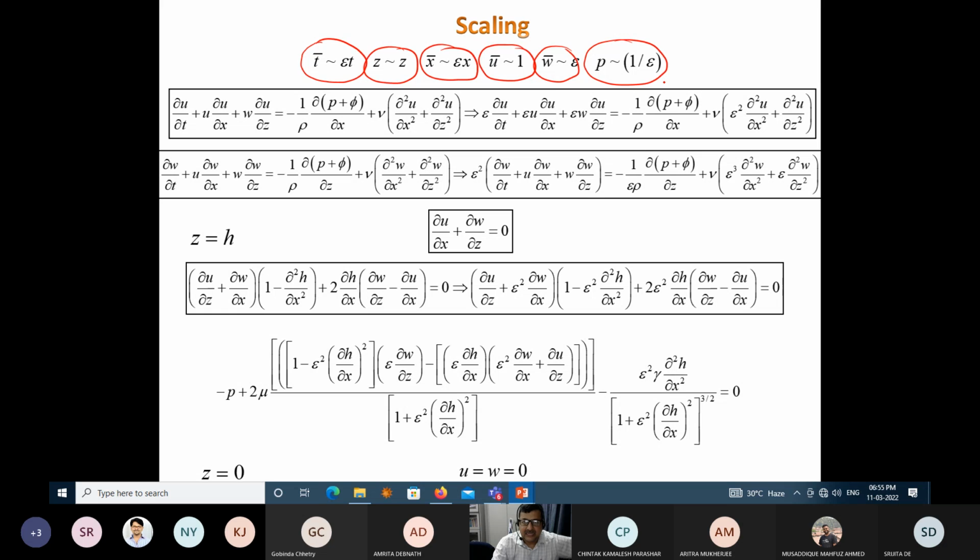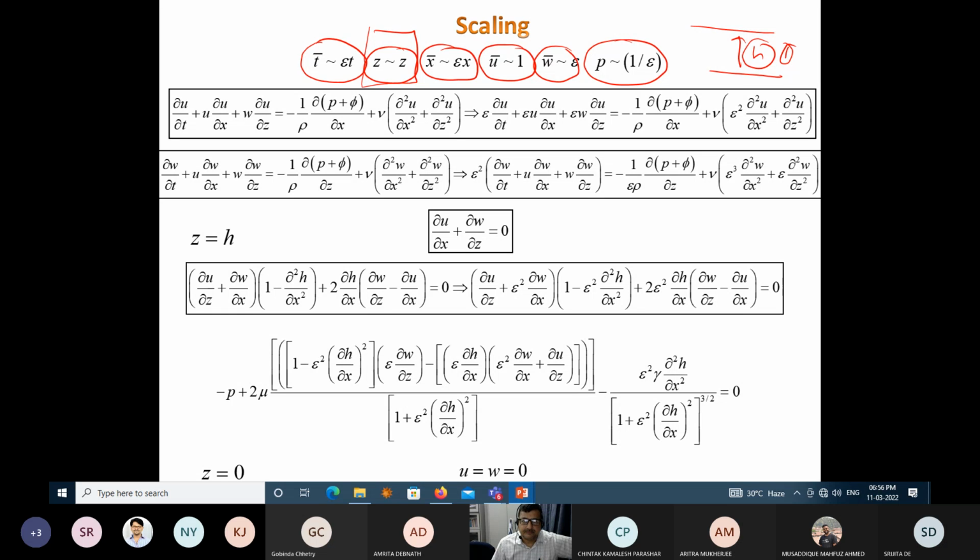And what is our benchmark? The benchmark I am setting is the height of the film, which I consider to be about 1. That is my scale.